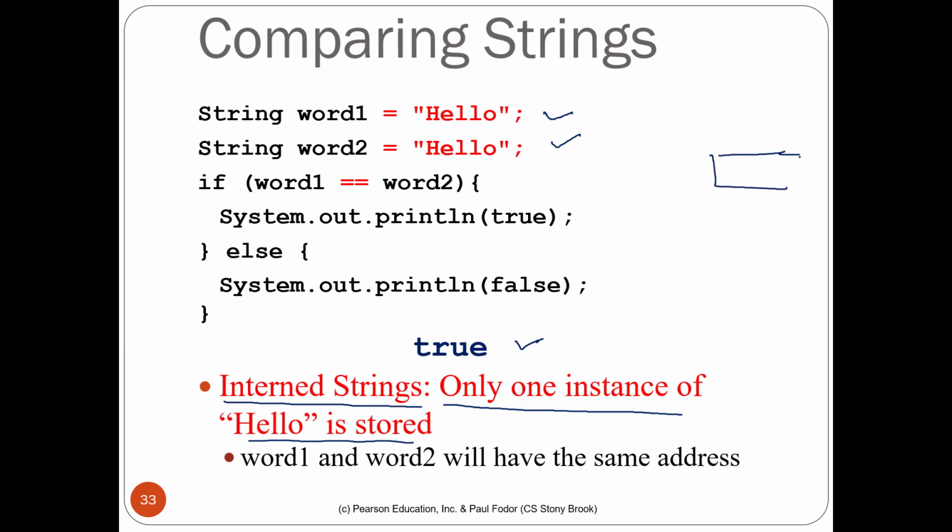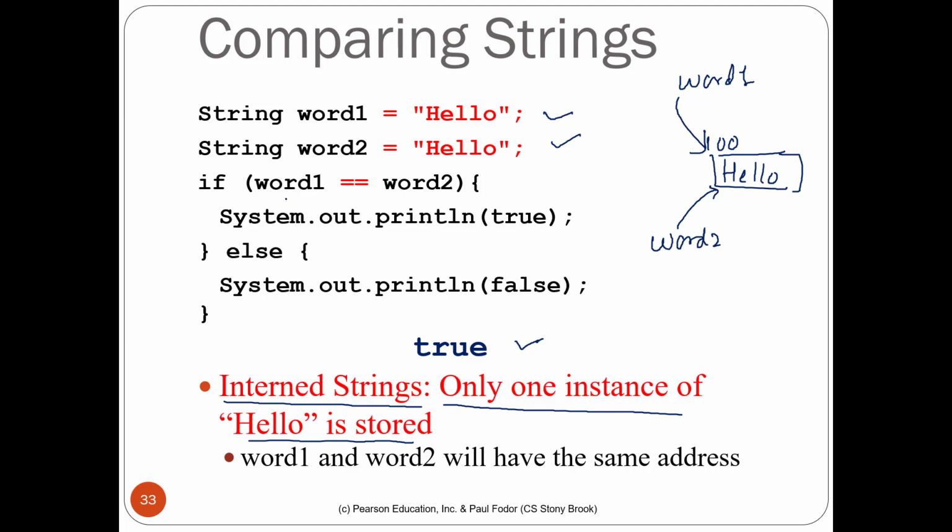When you have multiple variables which are referring to the same string, which is at location 100, then what it does is it will let word1 as well as word2 refer to the same memory location.